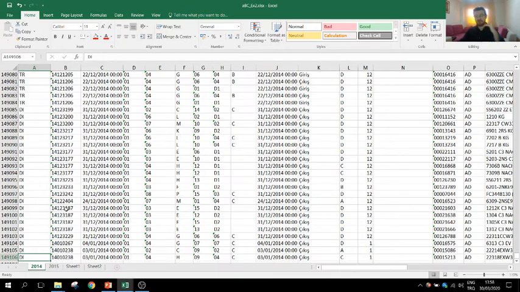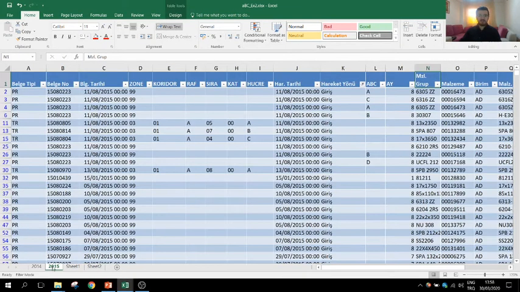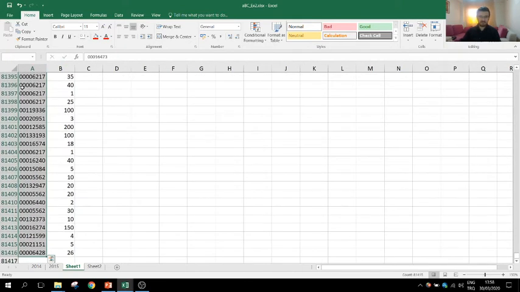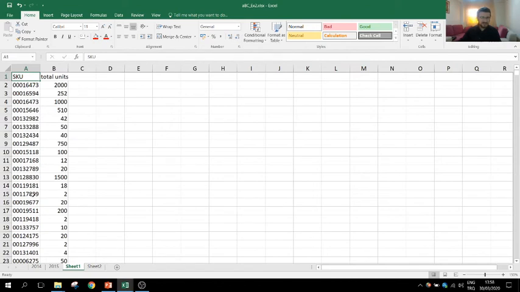Each row shows a process. And we also have 2015 data. Using a pivot table, I calculated how many SKUs they had. So I immediately saw that they had a count of 81,000, and these are the total number of units.